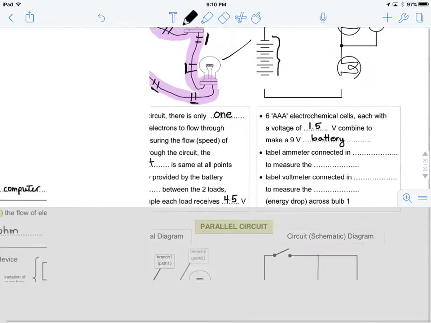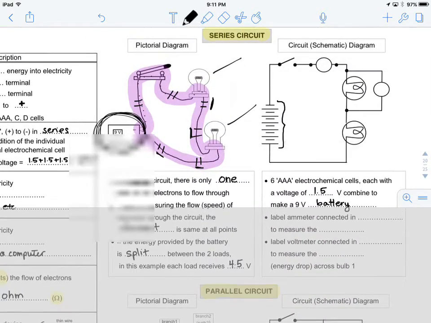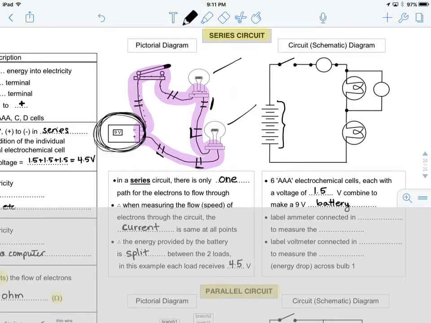And so that's what we see here: 6 times 1.5 adds up to 9. We can see that we've turned our switch into the schematic. We've turned our light bulbs into the schematic.